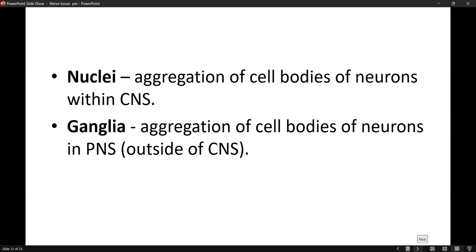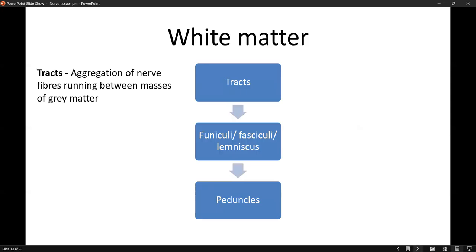So these are some of the most familiar terms and structures that we will see with nervous tissue. Now, what is white matter? White matter is, as I told earlier, collections or bundles of axon fibers. A nerve is a collection or bundle of protoplasmic processes of axons.